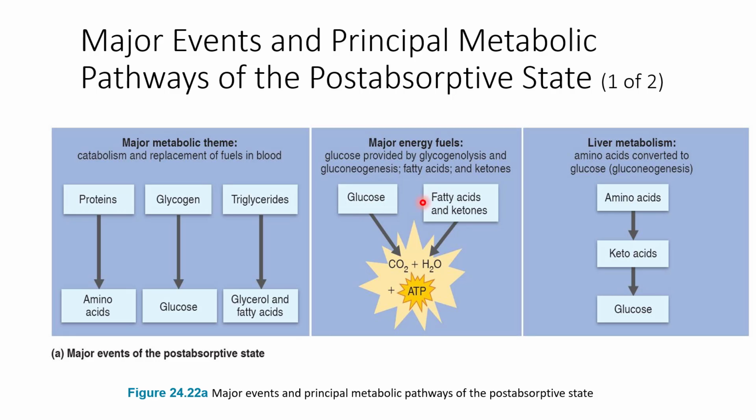And here your glucose, fatty acids, and ketones are going to get into cellular respiration to produce more ATP. And in the liver metabolism, amino acids are converted to glucose with the help of gluconeogenesis.